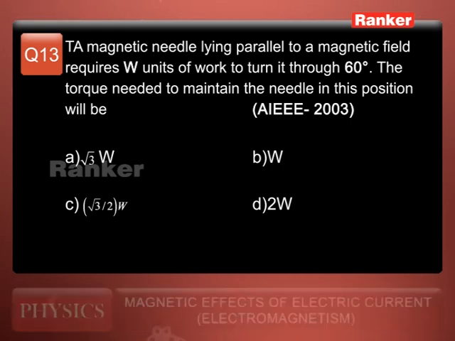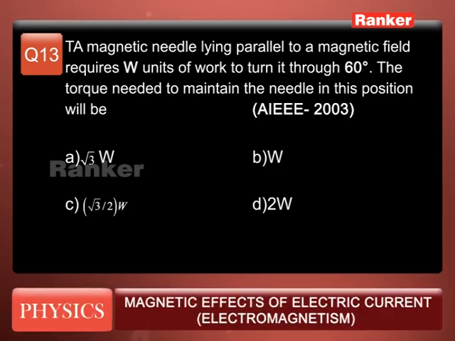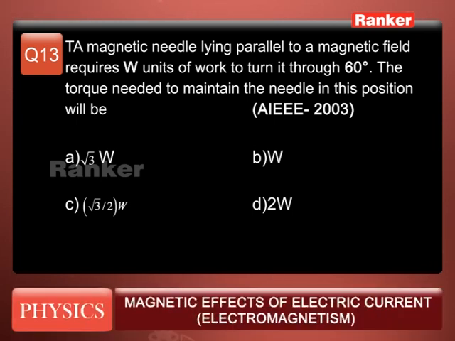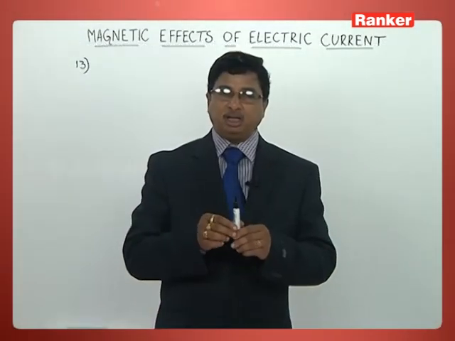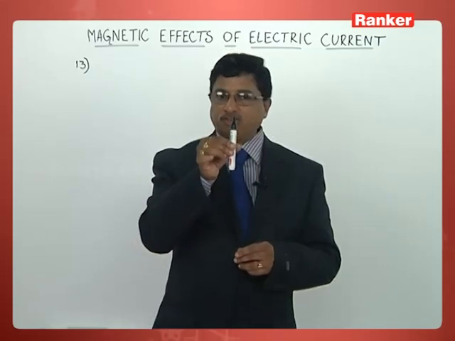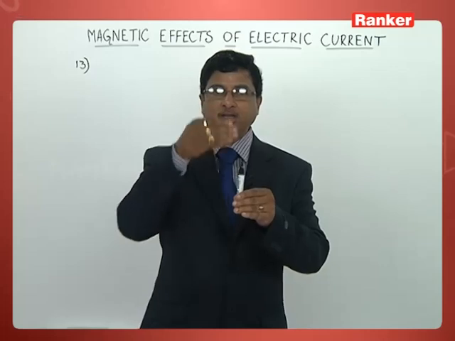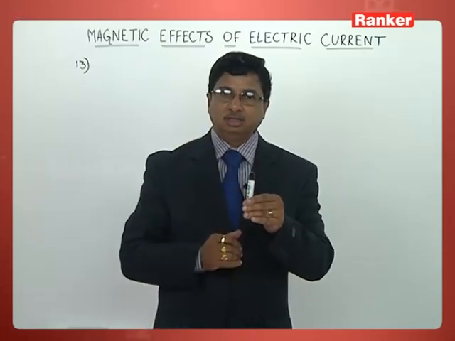A magnetic needle lying parallel to a magnetic field requires W units of work to turn it through 60 degrees. That means from the direction of its position of rest. Position of rest, of course, will be along the direction of the magnetic field.